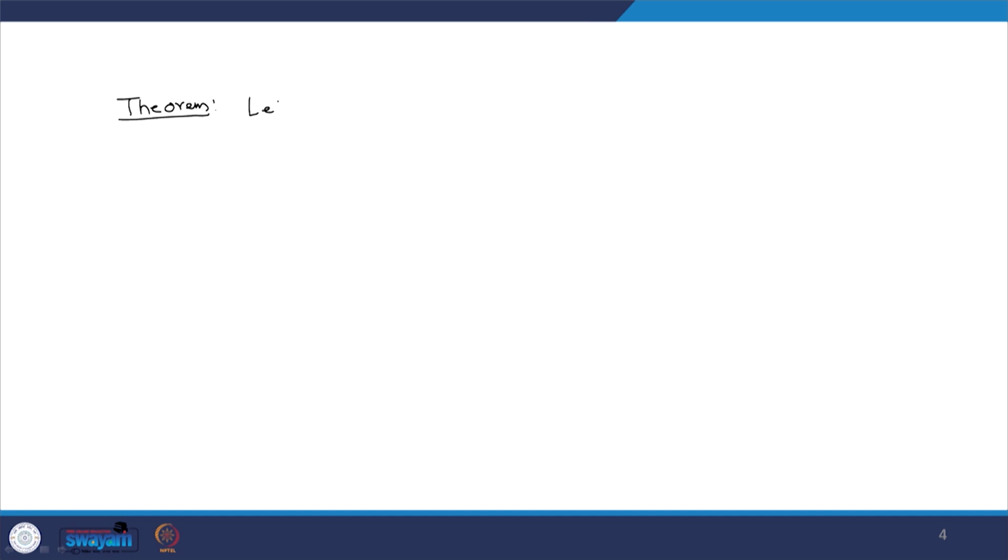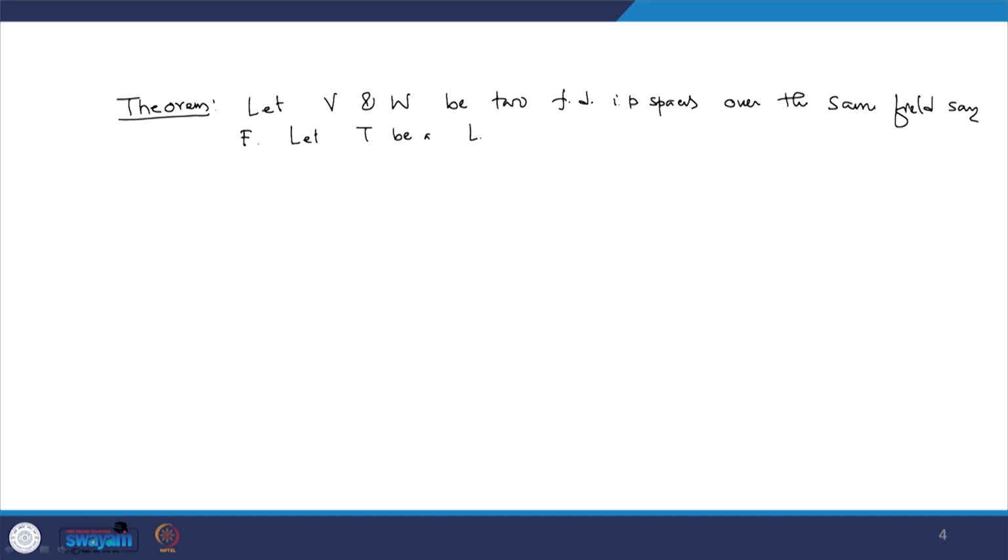Let V and W be two finite dimensional inner product spaces over the same field, say capital F. Let T be a linear transformation from V into W. Then the following statements are equivalent.